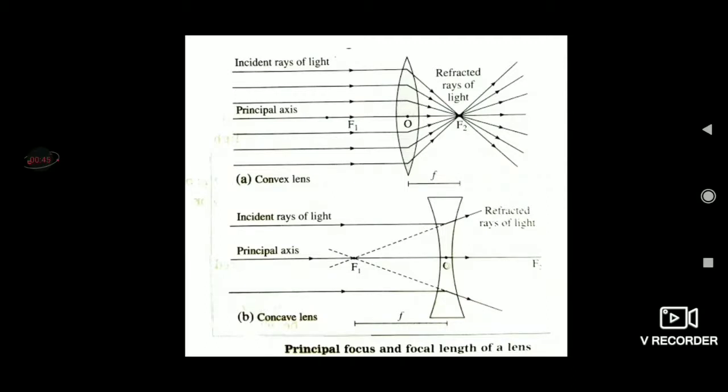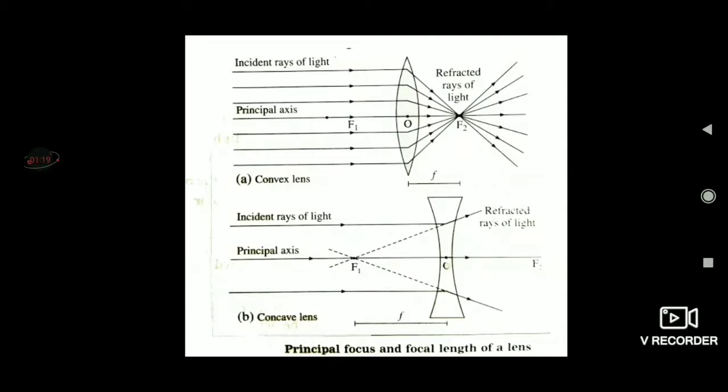An imaginary straight line passing through the two centers of curvature of a lens is called its principal axis, and the central point of a lens is called its optical center and is represented by the letter O. Now let several rays of light parallel to the principal axis fall on a convex lens.